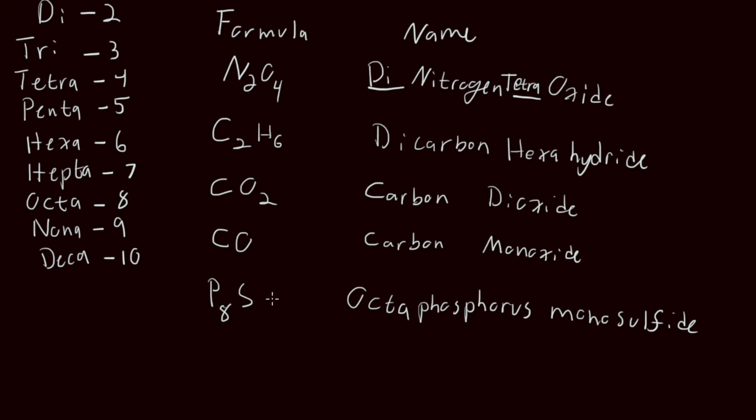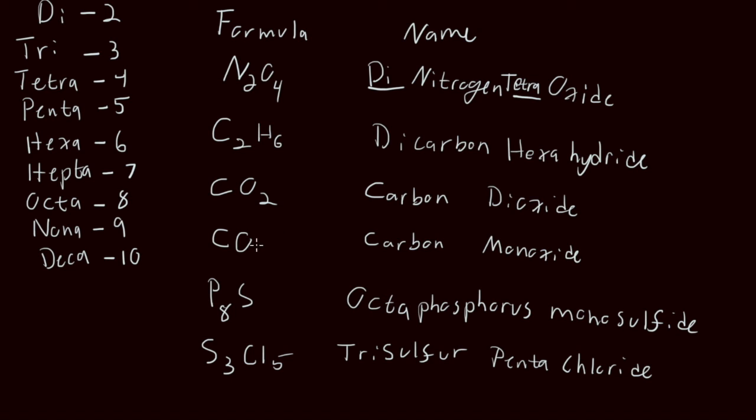And how about S3Cl5? This would be trisulfur. Then 5 chlorines, that would be pentachloride. So that should be pretty straightforward.